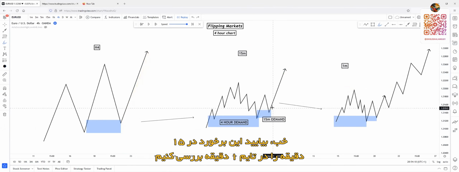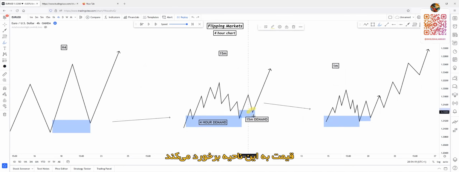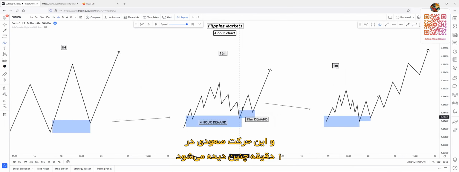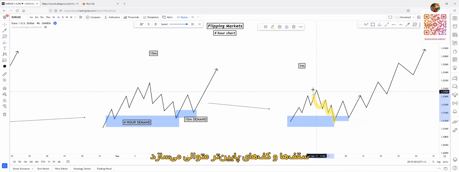Okay, let's break down this tap of the zone on the 1 minute chart. So after the 15-minute change of character and the 15-minute demand zone has been created, price tapped into this zone, and this upside movement will look like this on the 1 minute chart, and this downside movement will look like this on the 1 minute chart also, creating a series of lower lows and lower highs.